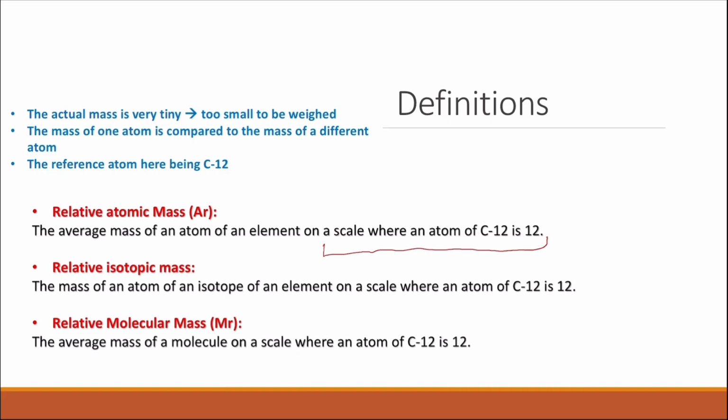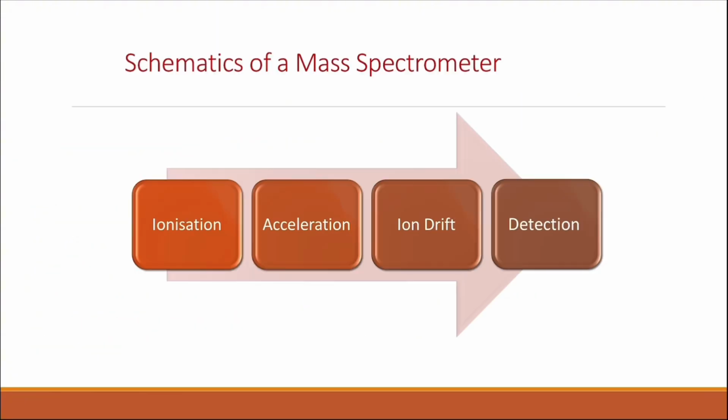So relative atomic mass is the average mass of an atom of an element on a scale where an atom of carbon-12 is 12. And the relative molecular mass or relative formula mass is the average masses of all of the atoms in the formula on a scale where an atom of carbon-12 is 12.